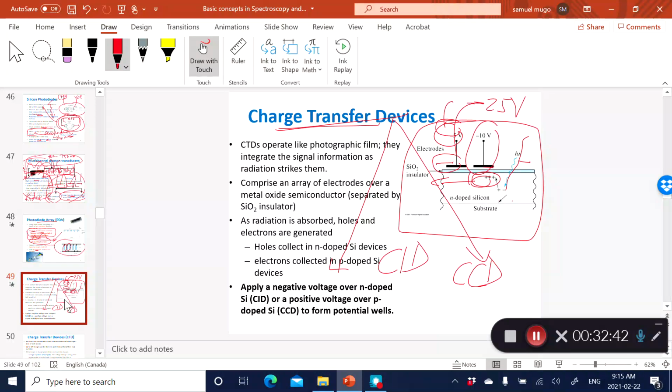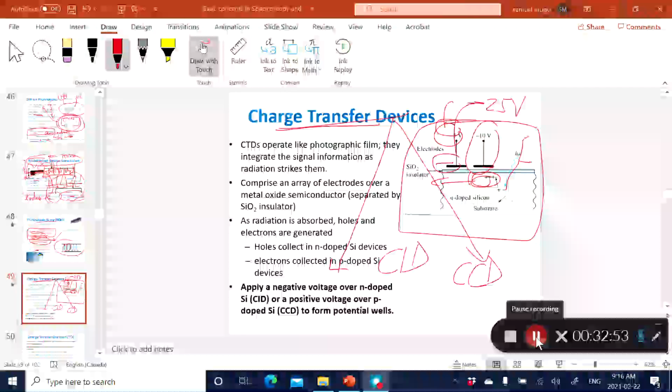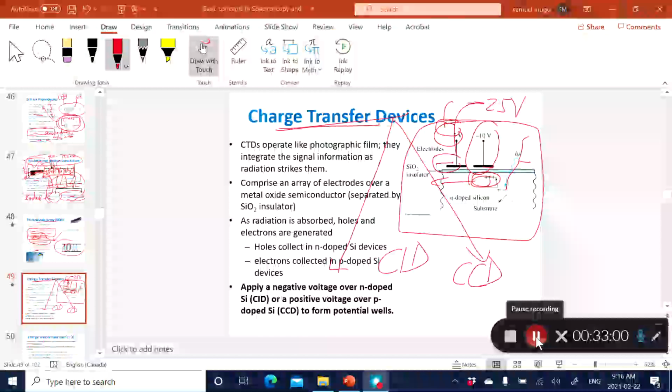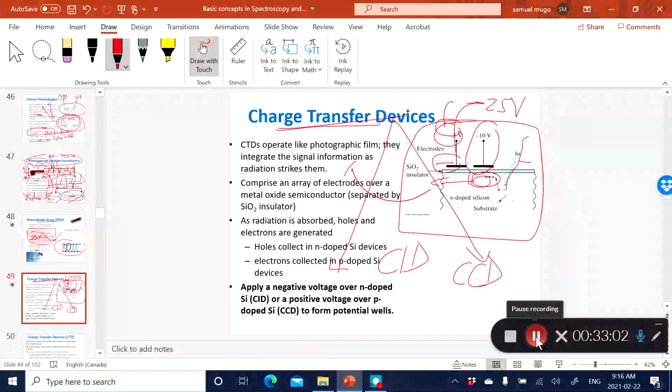Now, the charge coupled device is where you're measuring the charge as you're moving these holes to what you call the charge amplifier. Okay.